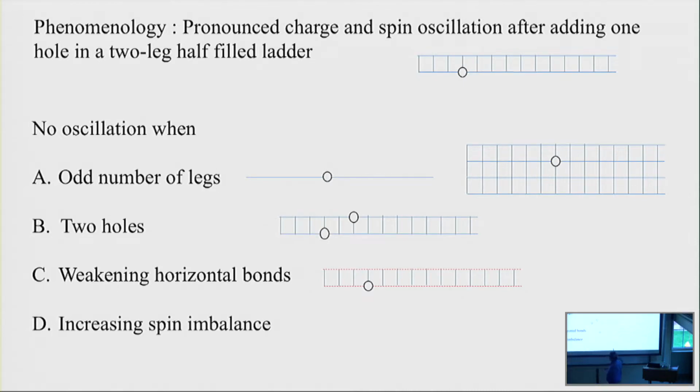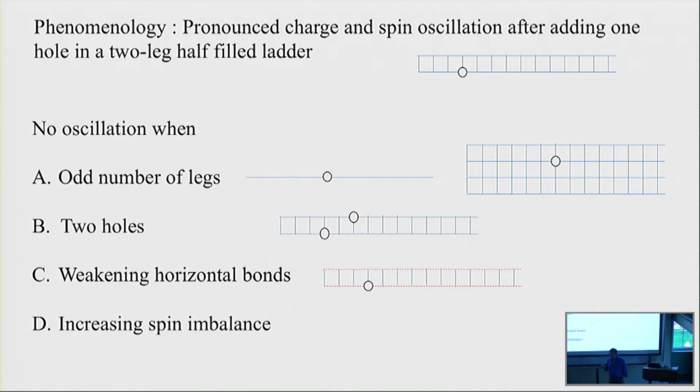However, with two legs, you see a pronounced density oscillation, as I'm going to show you soon. But if you have three legs, you don't see anything, and then with one hole, you see something. If you add another hole, you don't see anything, and if you weaken the bond, you also don't see anything. We gradually weaken it. And if you produce imbalance, you don't see anything. But if you don't do any of this and just put a hole in, then you see oscillation.